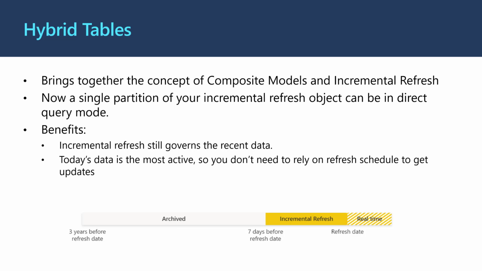And that means that if you have data that's changing fairly frequently throughout the day, or you need to minimize the latency between when the data arrives and when it's visible to your reporting system, this is going to give you that. So it's like the best of both worlds. It gives you the fast responsiveness and low latency of direct query.